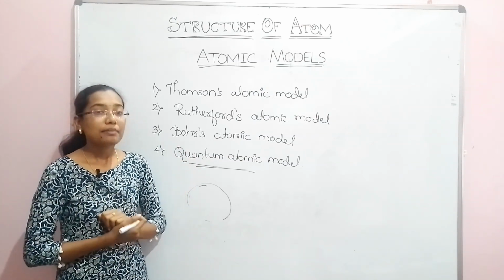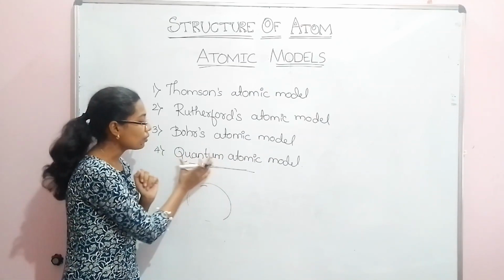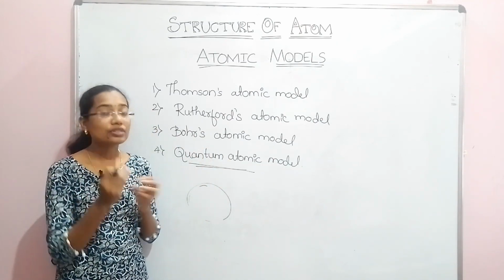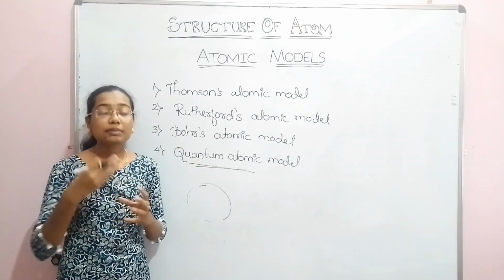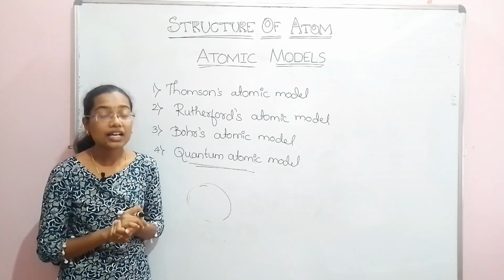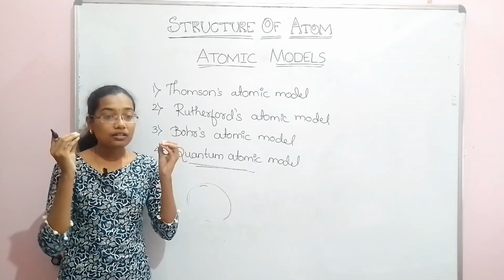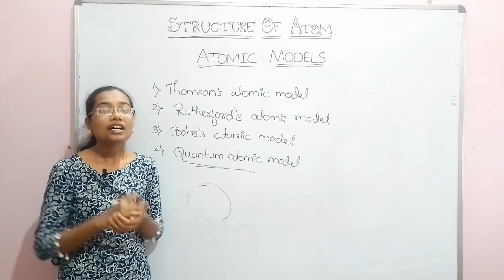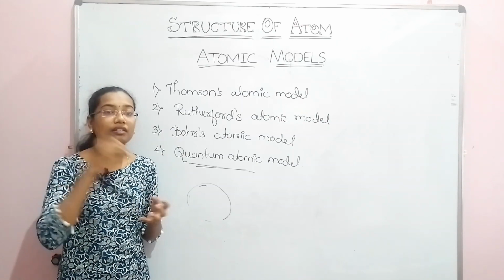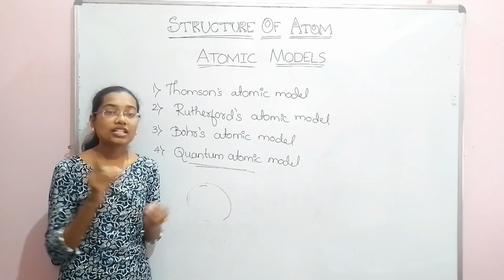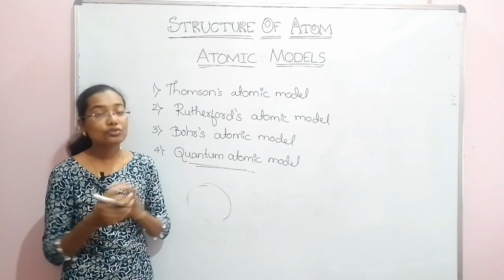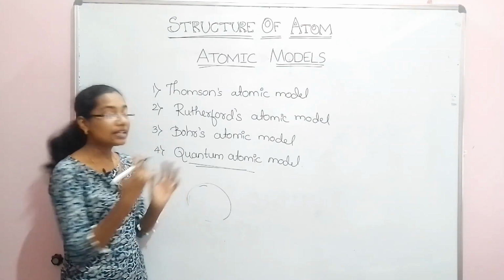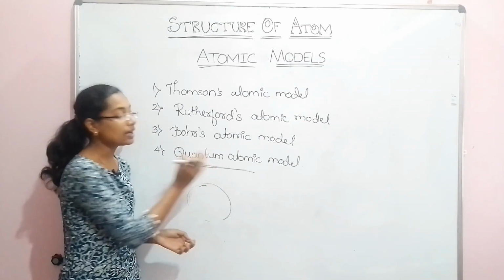The question arises because to know about the quantum atomic model, we have to know the basic ideas: how the scientists started, how the concept of the atom started, and how they started assigning the positions of particles in the atom. First we have to know those basic concepts, then we can easily understand the quantum atomic model.